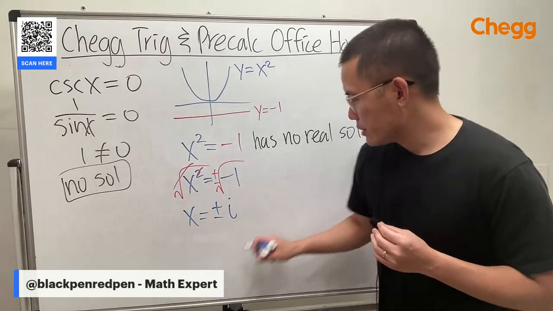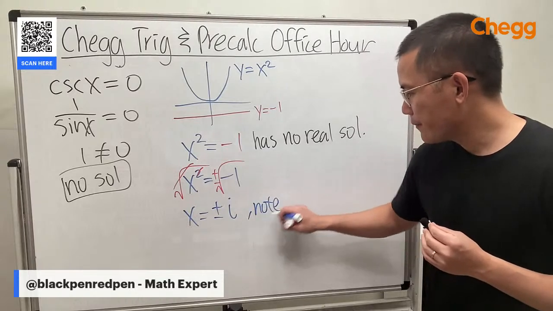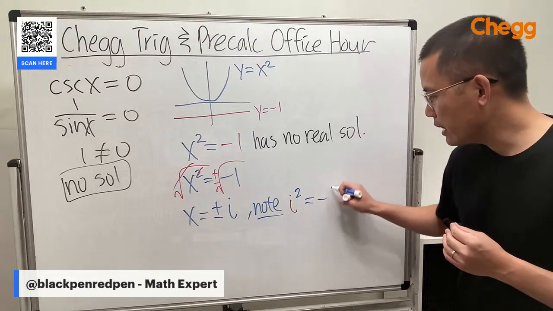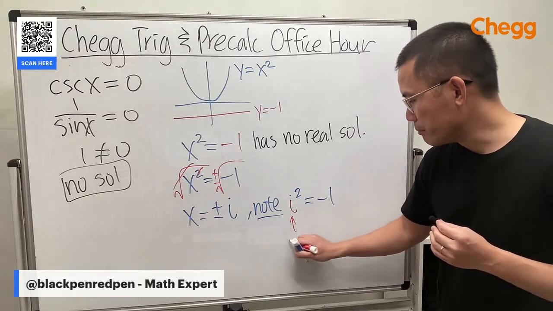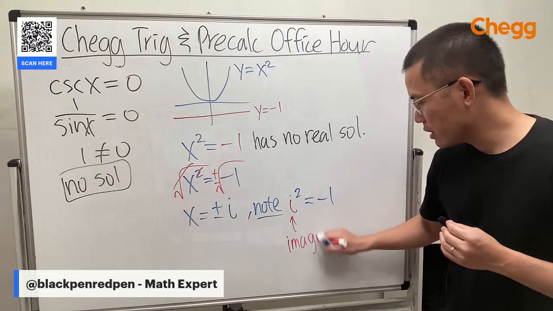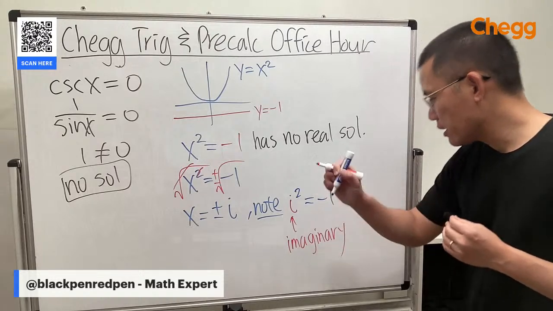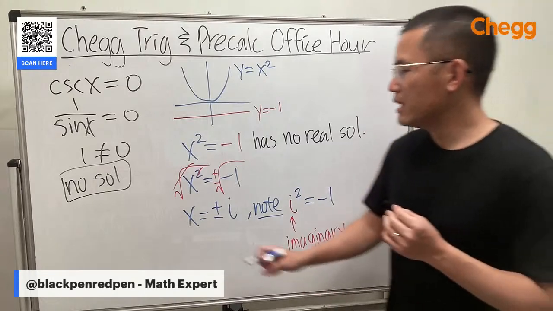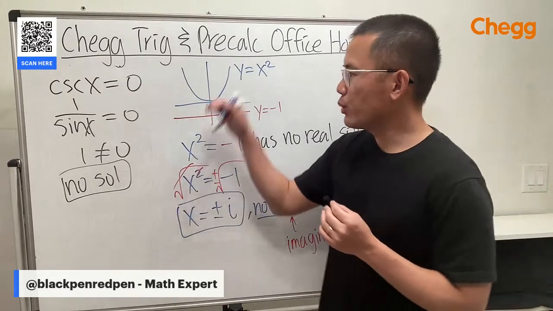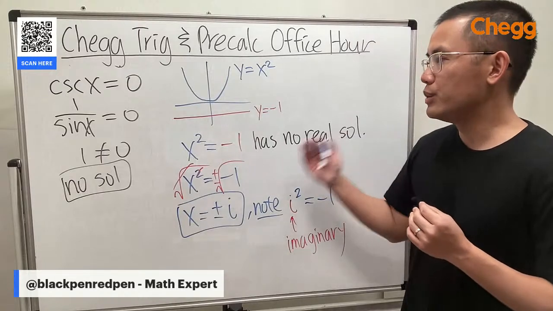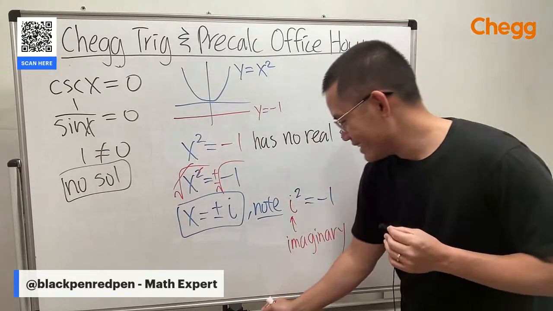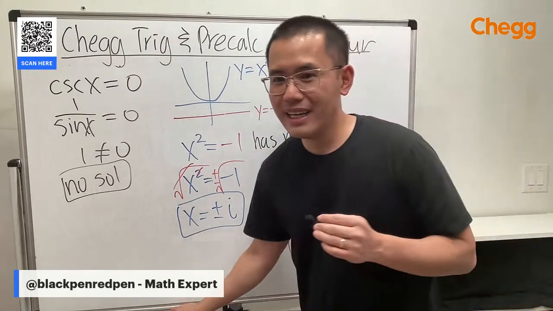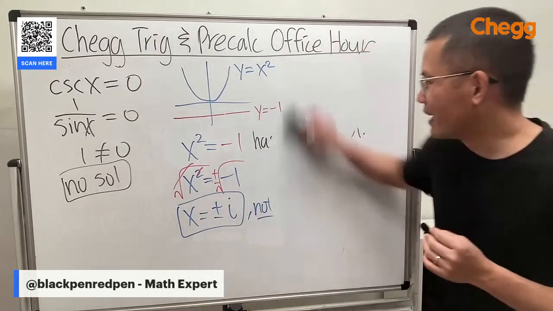So make a note right here. i is the number that when you square, you get -1. And this right here is called the imaginary number, technically, the imaginary unit. So sometimes when you use the graph argument, it might get really tricky. So for this one, no real solutions, but you do have complex solutions. Okay, so good question so far.